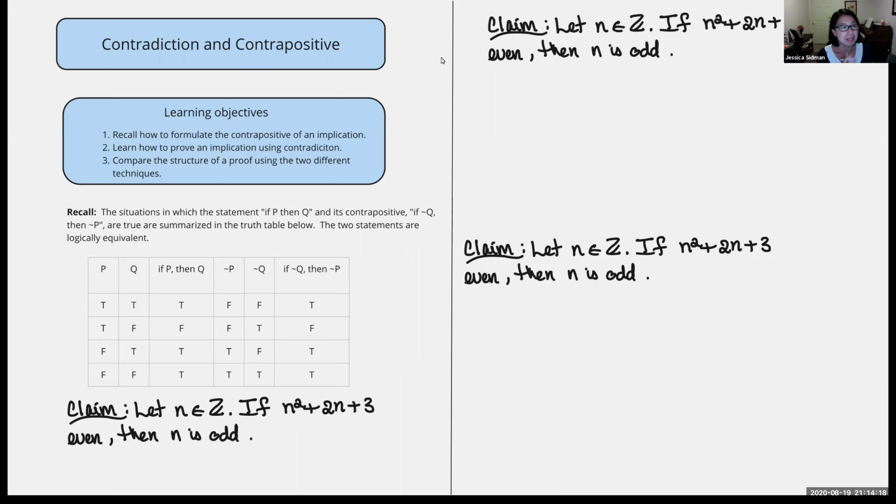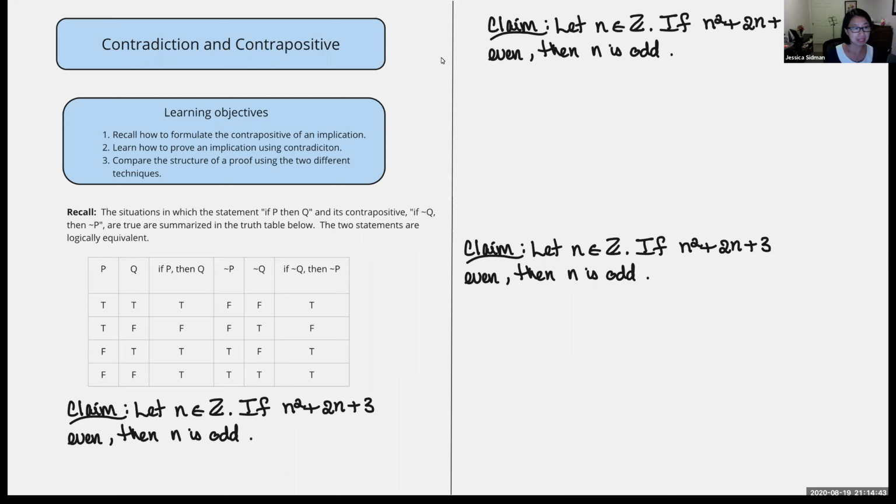Okay, so recall the situations in which the statement if P then Q, or equivalently P implies Q, and its contrapositive if not Q then not P are true are summarized in the truth table here. So the two statements are logically equivalent. How can we see that in the truth table?